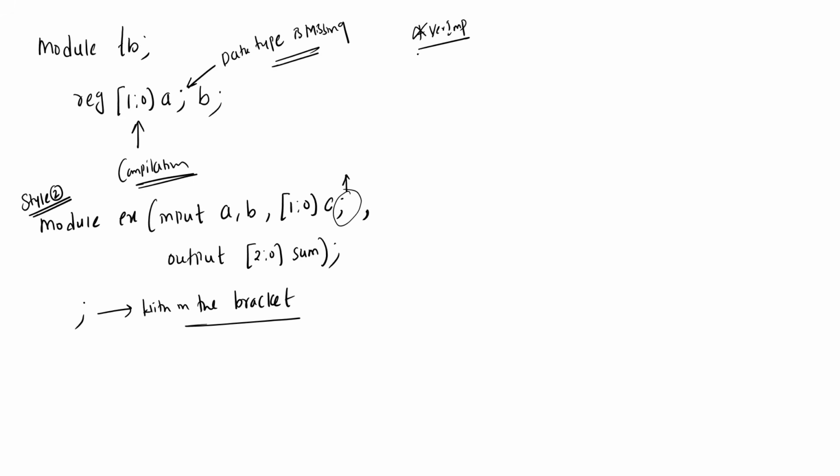Next one is very important. Suppose reg [2:0] a. If I give a equal to 6, and I want to display in binary: $display("the value of a is %b", a). What is the value of a?